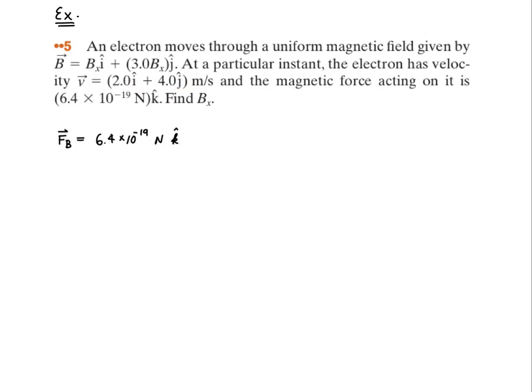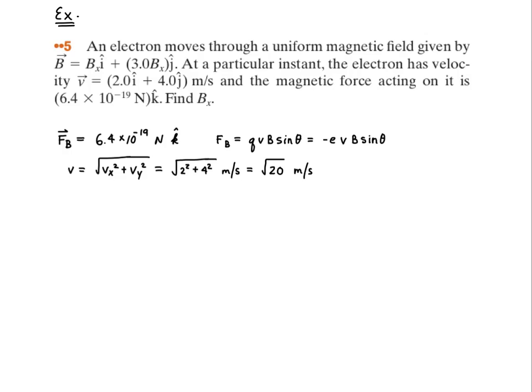Namely, we want to use the formula for the magnitude of the magnetic force, QVB times sine theta. Since it's an electron, Q is going to be minus e, and then we multiply by V times B, and then times sine theta.